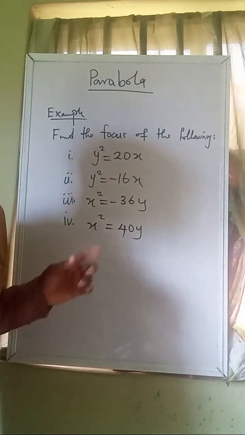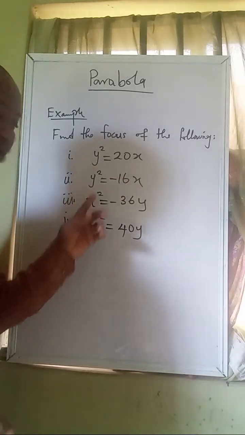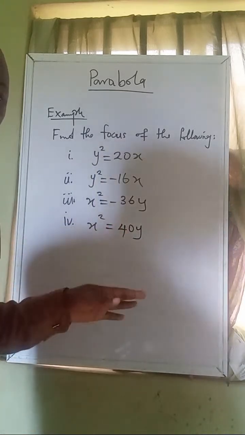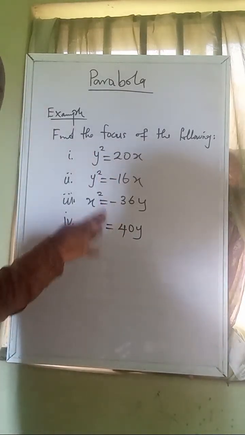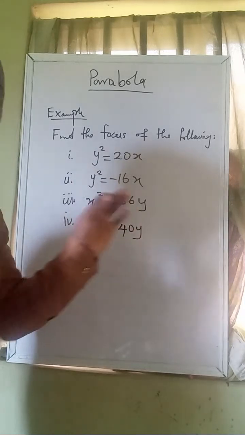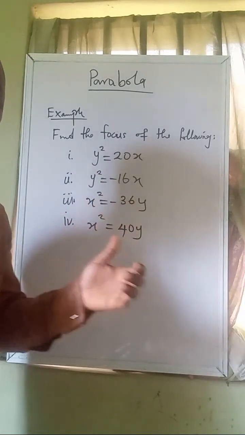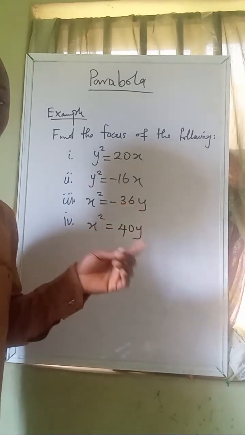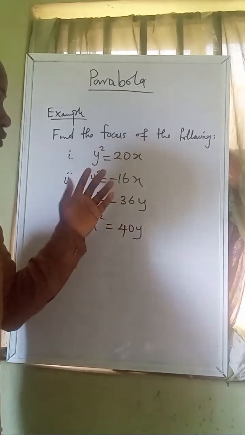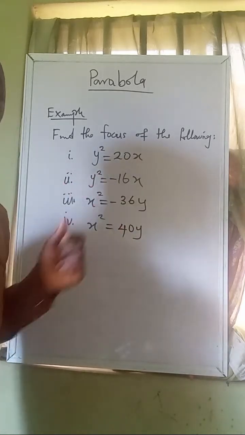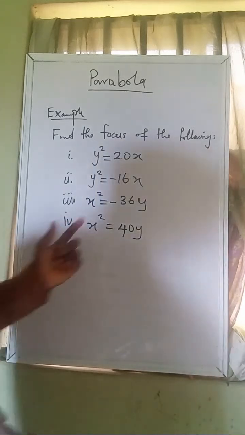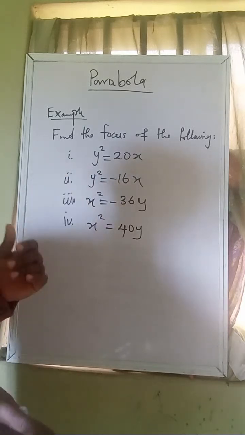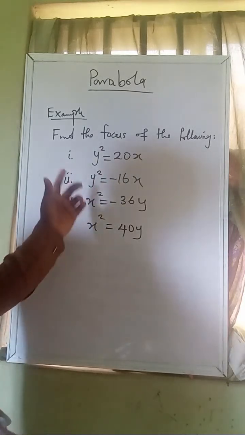We should also note that all these four equations given here have their vertex at the origin, so there is no need of finding the vertex of each of them, since we know it will be 0, 0. What we can just do is find the equation of the directrix for each of these parabolas, but let's see how we can get the focus of each of these.